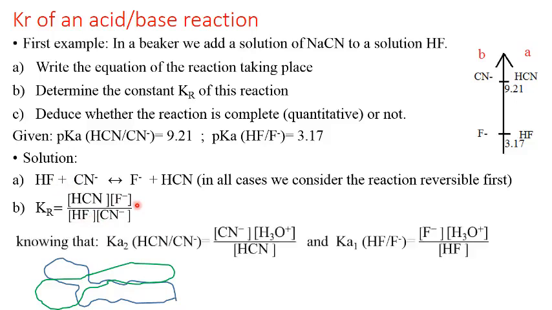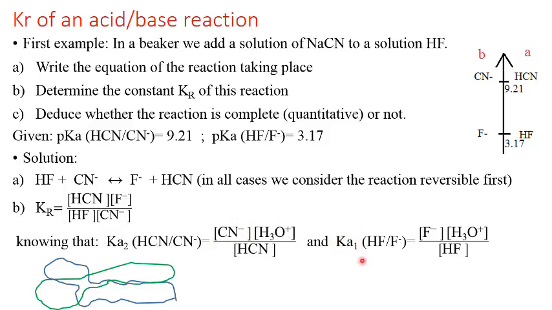Okay, now how to determine Kr? What we have to do is the following. We know the acidity constants of the two couples involved. The first one is HCN and CN-. It is given by the following relationship as seen in chapter 5 or in chapter 6 in session 5.